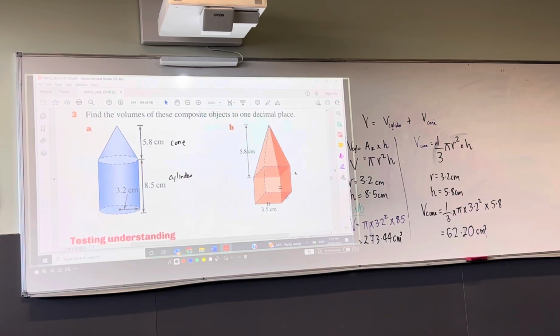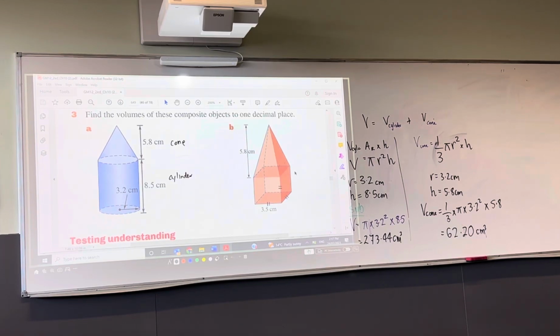On the calculator, find out what the volume of that cone is. All you have to do is enter those last pieces of working out: a third times pi times 3.2 squared times 5.8. What did you get?